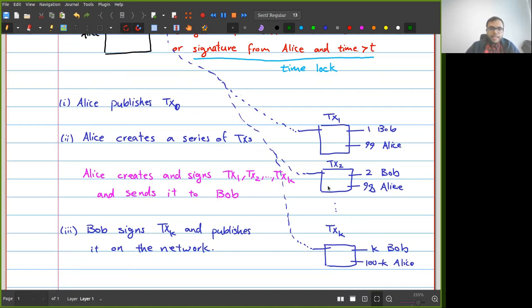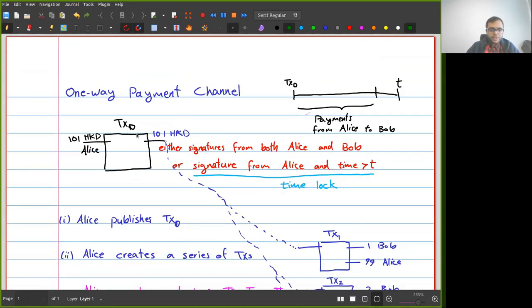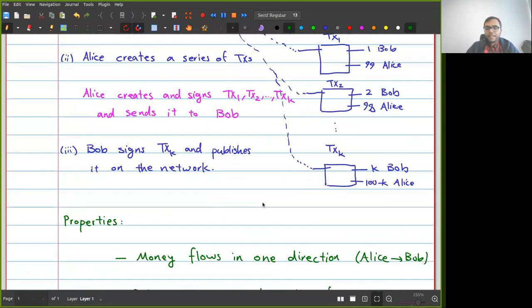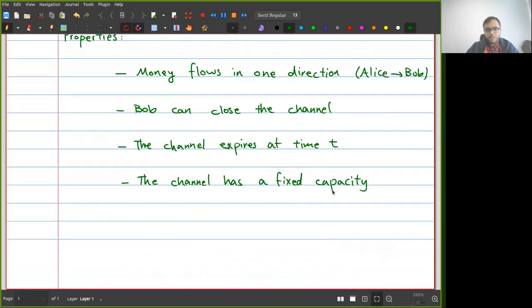The only two transactions that are actually mined and added on the blockchain are the first transaction, so when Alice is putting down the deposit, that has to be on-chain, and the very last transaction. So when Bob publishes the last transaction to get his money, that's something that gets added on the blockchain, right? So that's a huge positive.